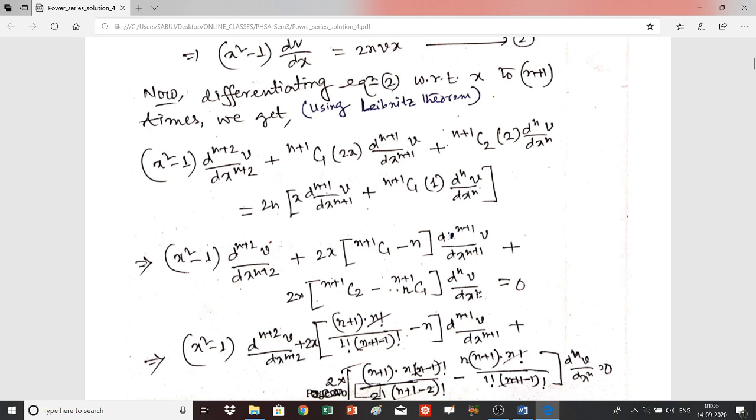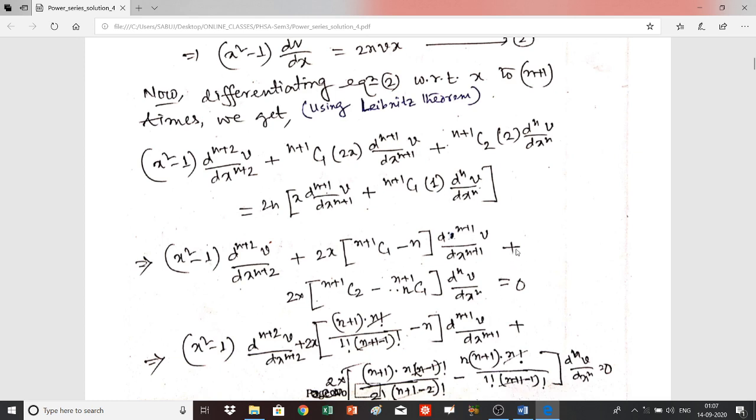Okay, it was mistakenly written as 2, so it will be n. So 2 into d^n v/dx^n, and the terms which will be in the bracket are nC1, and (n+1)C2, which will come from the term and it is also here.